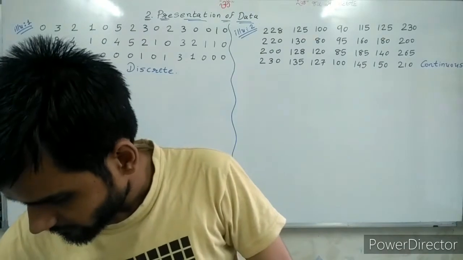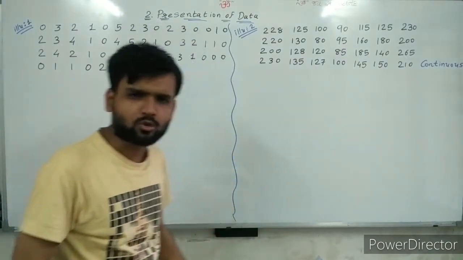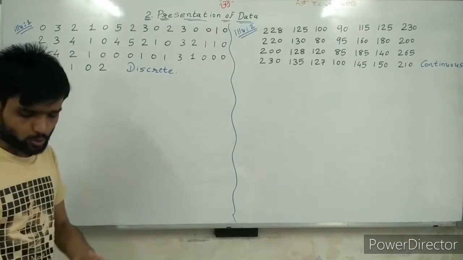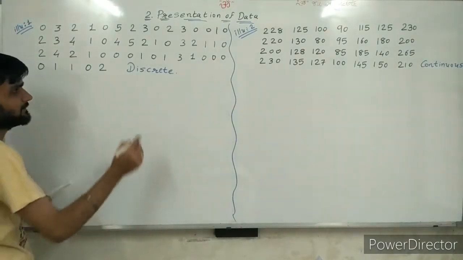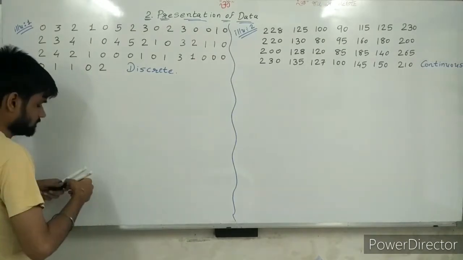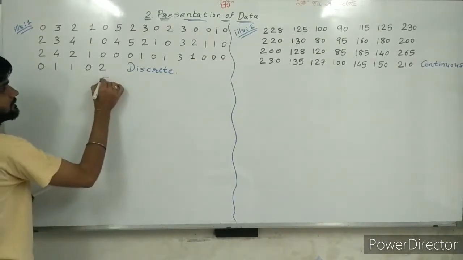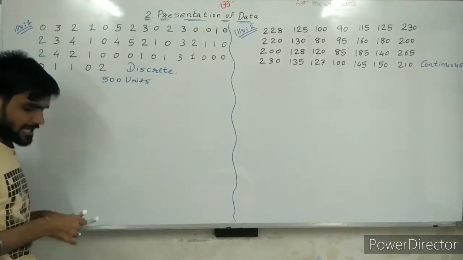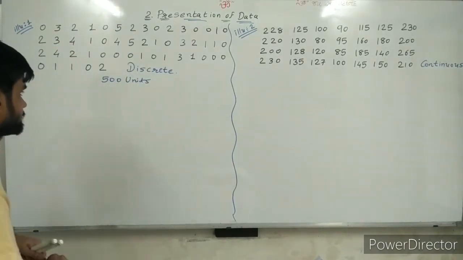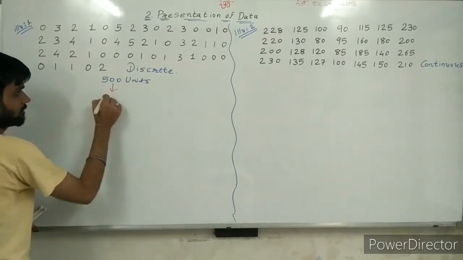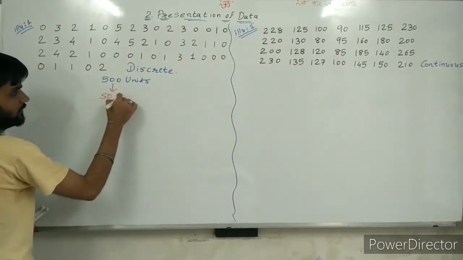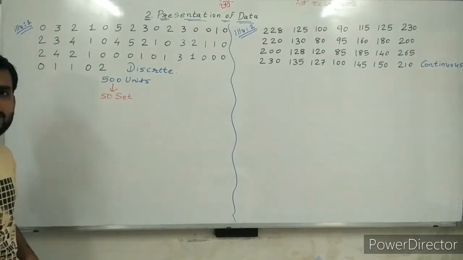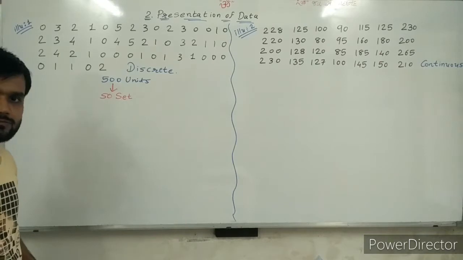Now I want to recall my chapter number 1. Here total production of television is 500 units, and from the 500 units, 50 television sets we have selected.